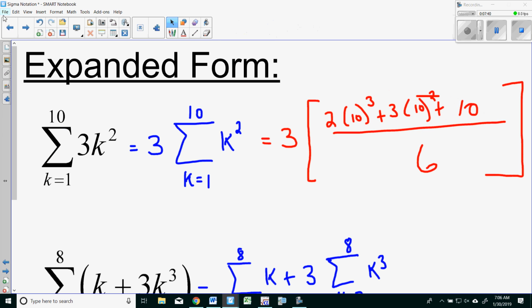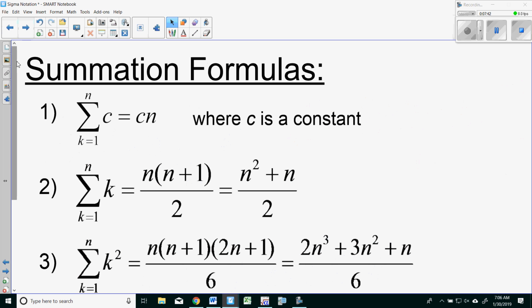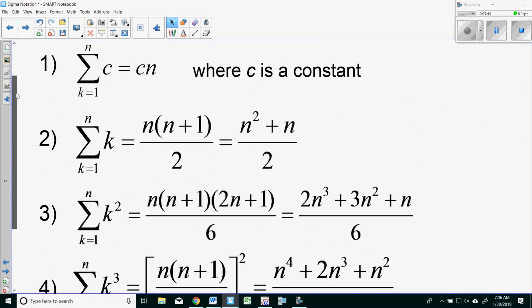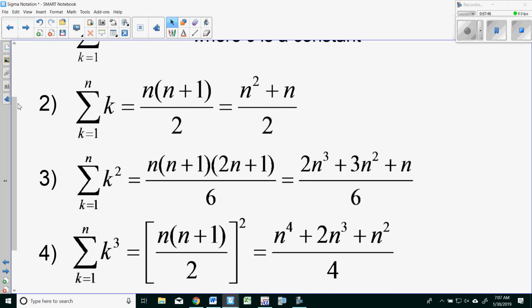Okay. So using these formulas will help us as we try to evaluate these going forward.